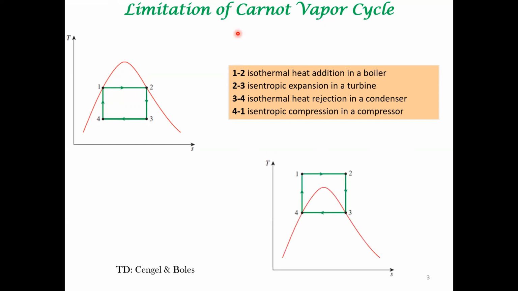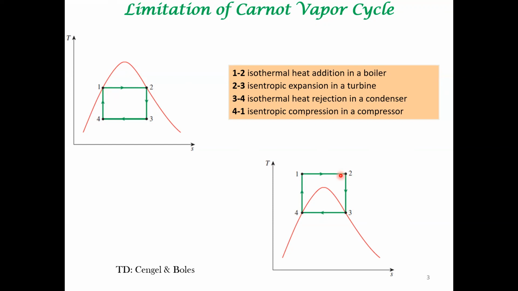So you can also operate the Carnot cycle in a slightly different manner, okay, in this manner. However, in this case also, there are certain issues. The pressures involved in this operation, 4 to 1, are rather high. And then if you want to have an isothermal heat addition in the boiler, in this case, 1 to 2, you have to operate at varying pressures.